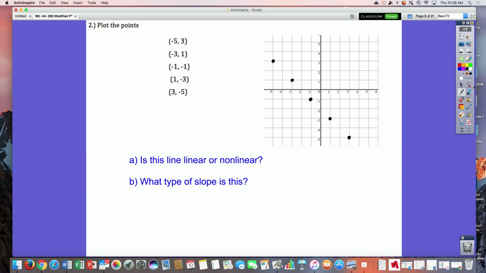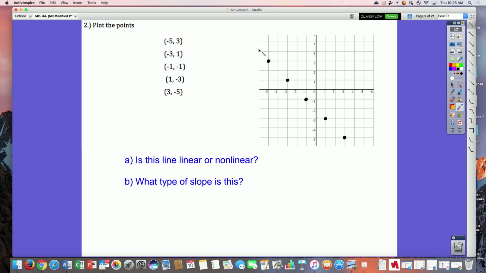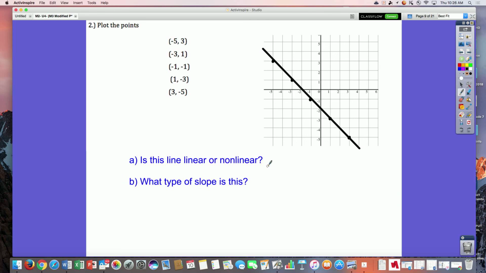Let's see if we can draw a line between these. If you can't draw a line between them, then it's not linear. Is this line linear or nonlinear? Well, that looks like a straight line to me. It's linear. What type of slope is that? It goes downhill, so it's negative. Negative. You're rocking this.